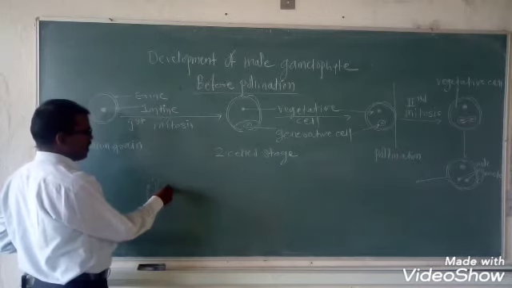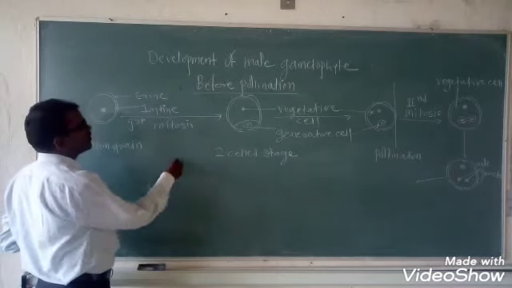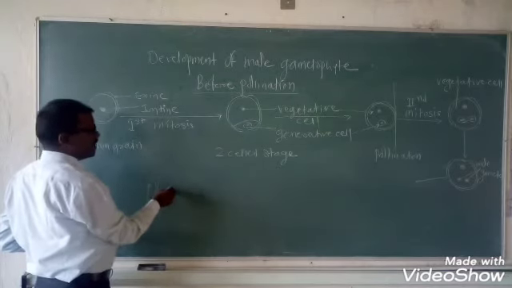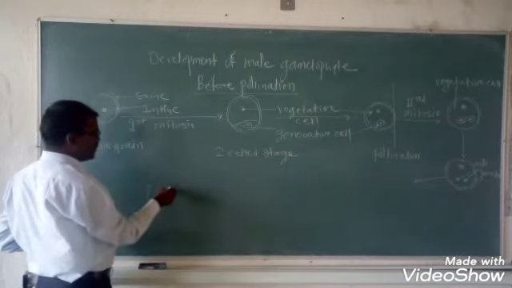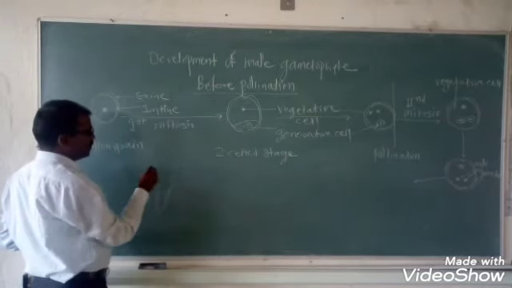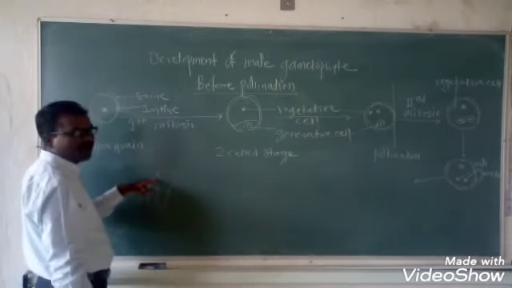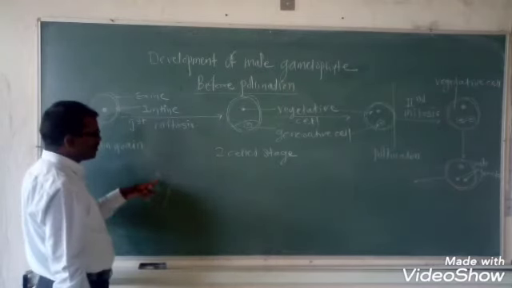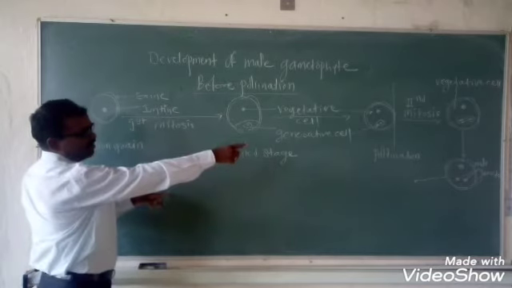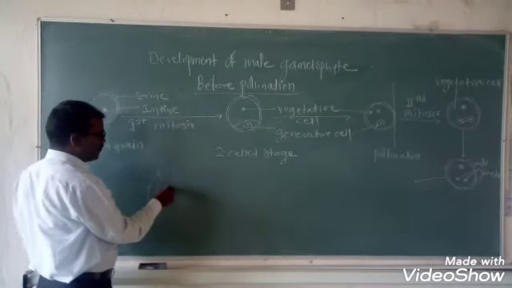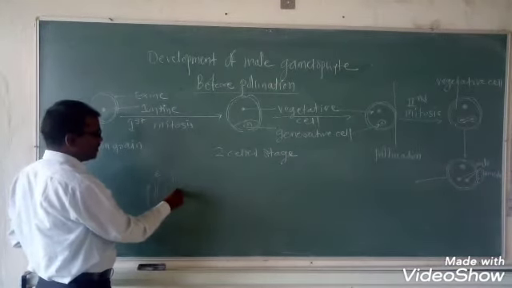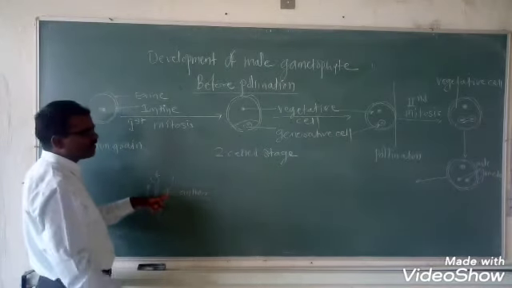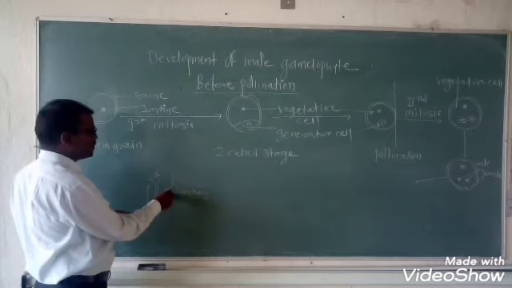Pollen grains are developed inside the anther, and then at the two-cell stage, pollination of the pollen grain takes place on the stigma. That process is called pollination. Before pollination, at the two-cell stage, development of the male gametophyte occurs inside the anther.